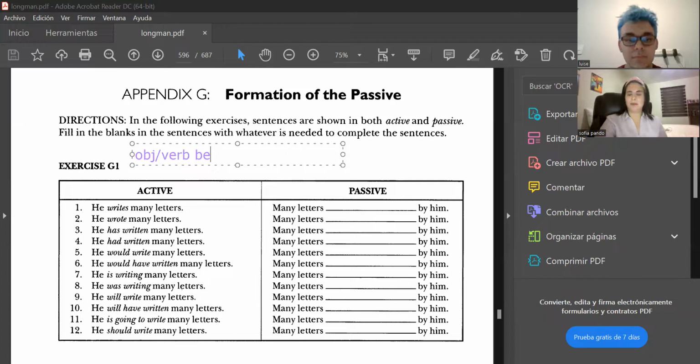That means that we're gonna have to make a little review on the different forms of the verb to be: is, are, am, was, were, and so on. And then we're gonna add a verb again, but now in past participle, which is the third form that you're gonna see in your verb list.